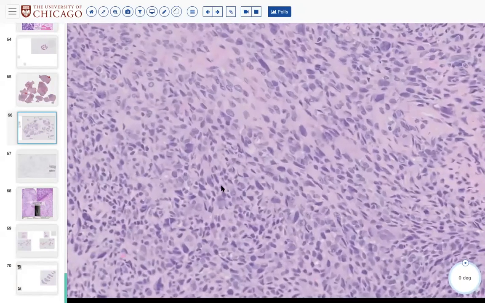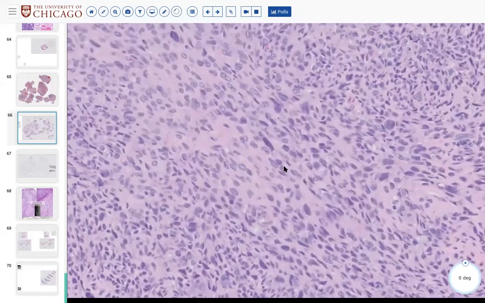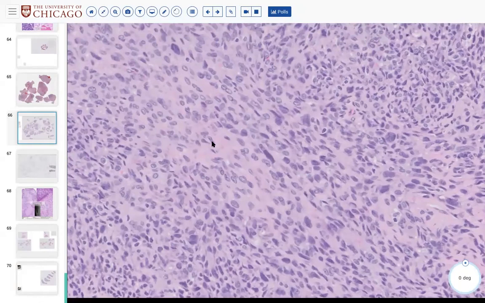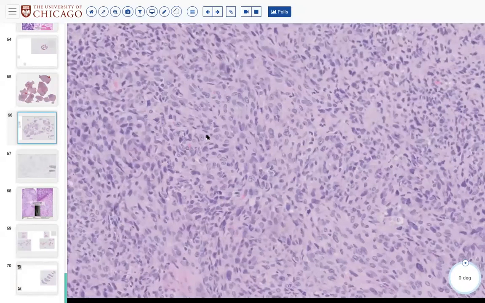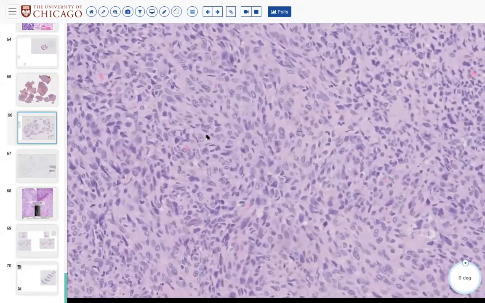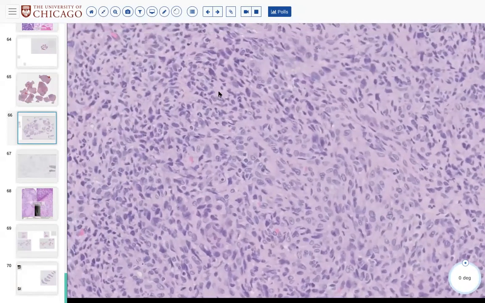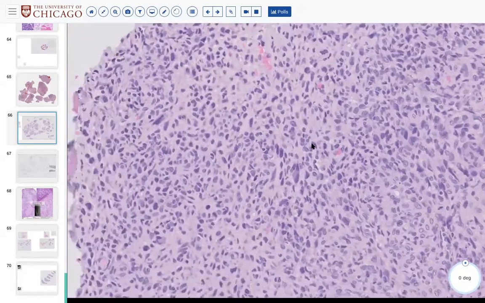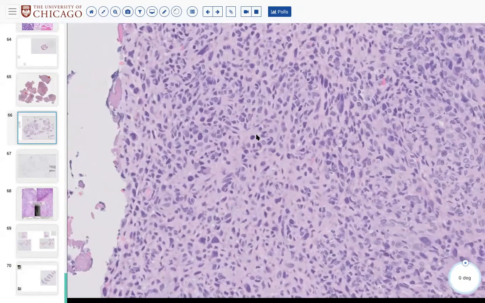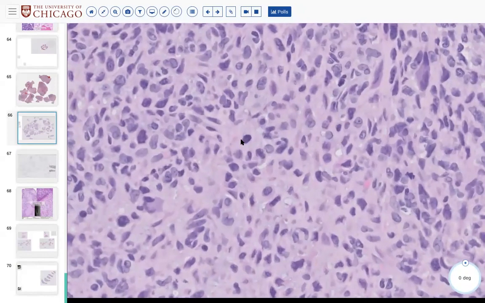Now even more hypercellular with residual pleomorphic nuclei. But again, really mitotically poor. It's hard. I think that's not a mitosis.